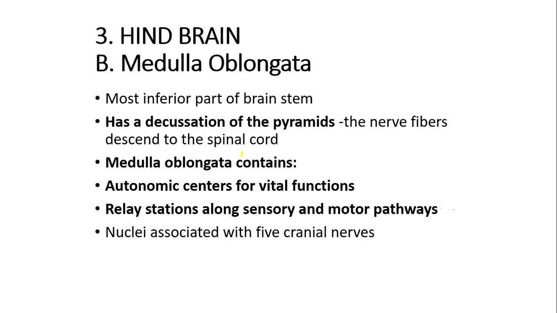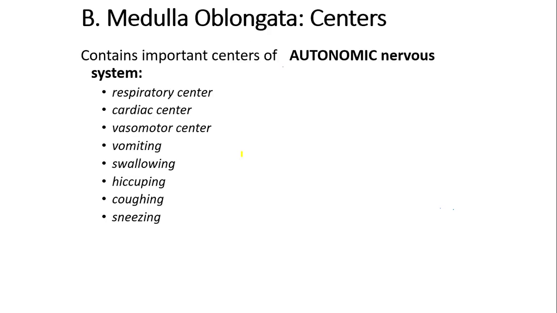So the hindbrain includes the medulla oblongata, the most inferior part of the brainstem, which has a decussation of pyramids. The nerve fibers descend to the spinal cord. The medulla oblongata contains autonomic centers for vital functions, relay stations along sensory and motor pathways, and nuclei associated with 5 cranial nerves.